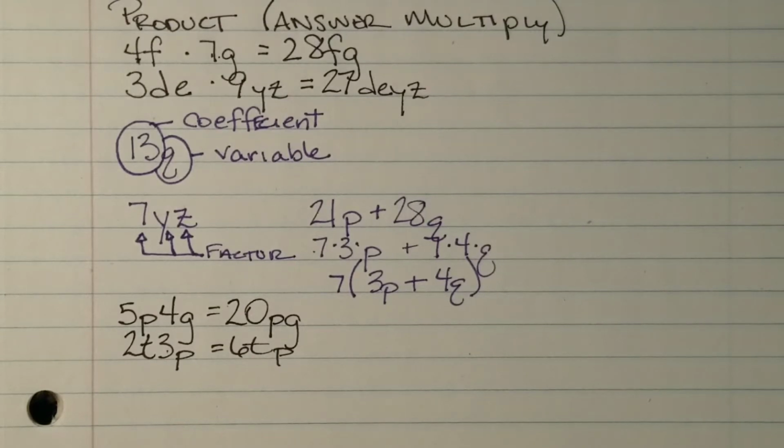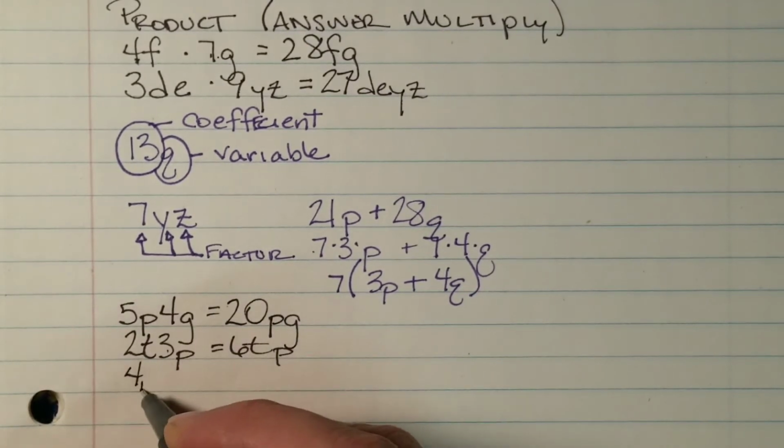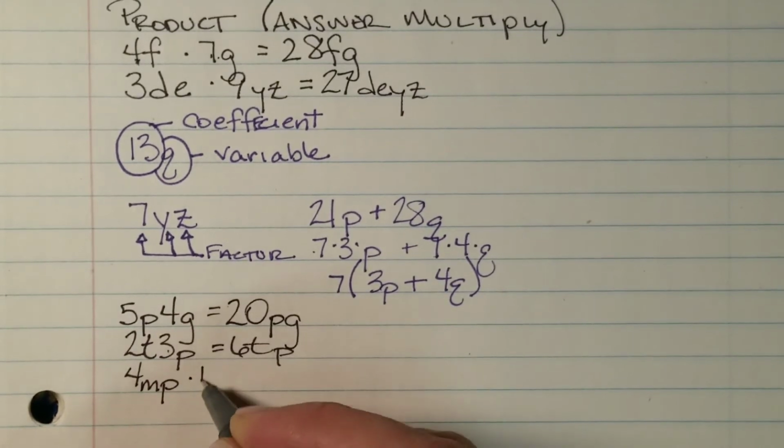All right, next one. Find me the product of 4MP and 11.